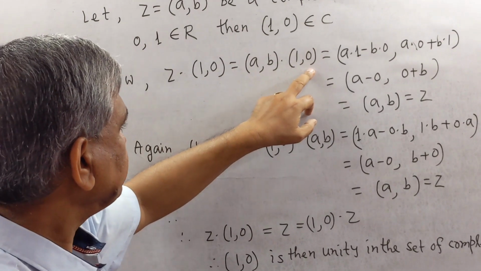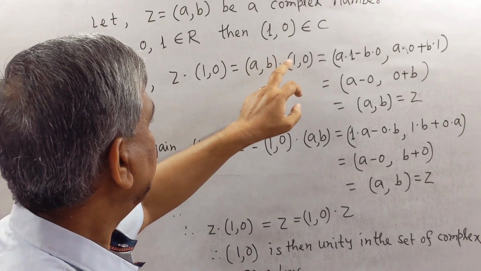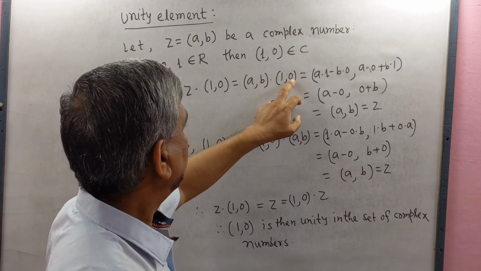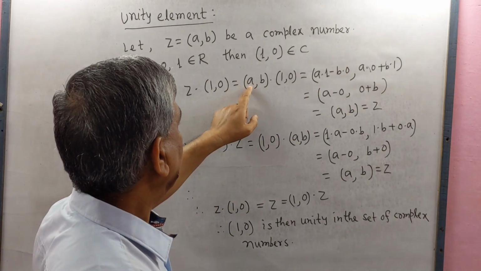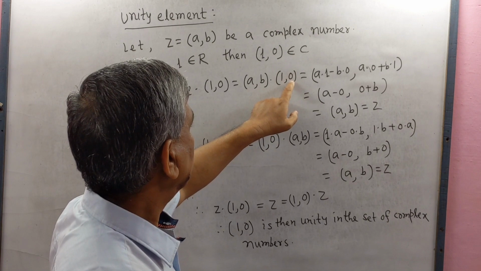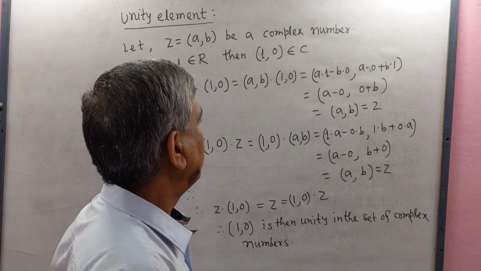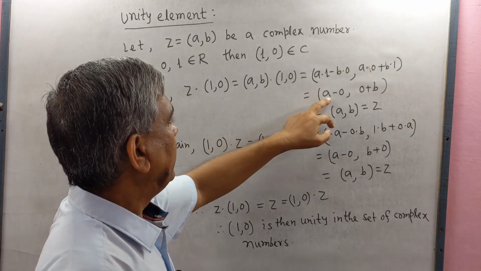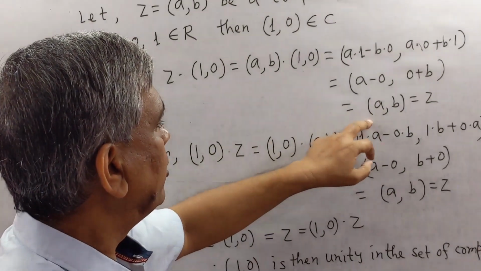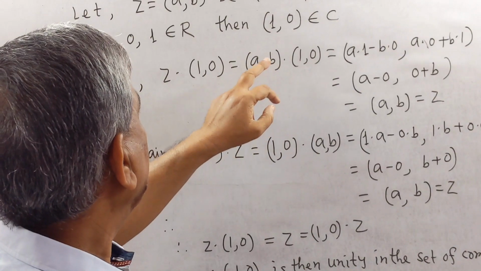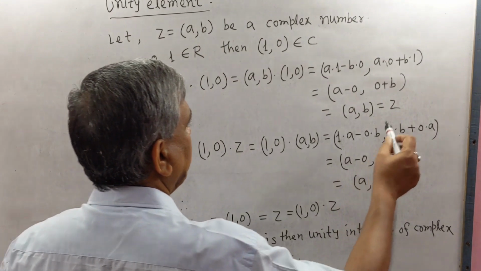Now multiplication of two ordered pairs: we know that AC minus BD, A into 1 minus B into 0, then AD, A into 0, plus BC, B into 1. So this is A minus 0, this is 0 plus B, which equals the ordered pair AB. The ordered pair AB is Z, so we write Z. This is number 1.